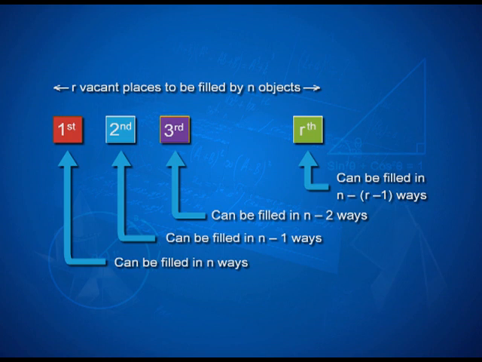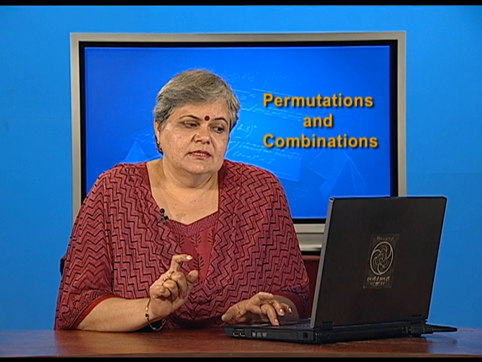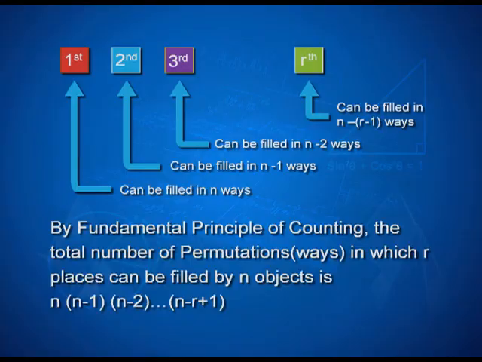So, how many are left now for the rth place? Yes, it will be n minus (r minus 1), same as n minus r plus 1. So, there are r places, and starting from the first to the rth, they can be filled in n, n minus 1, n minus 2 up to n minus r plus 1 ways, or n minus (r minus 1) ways.